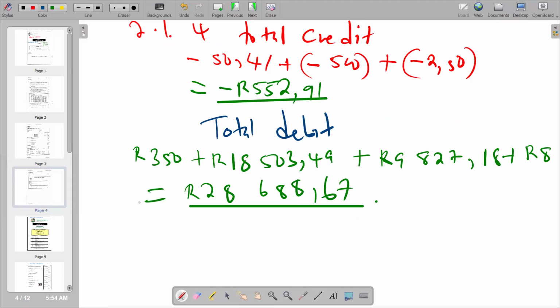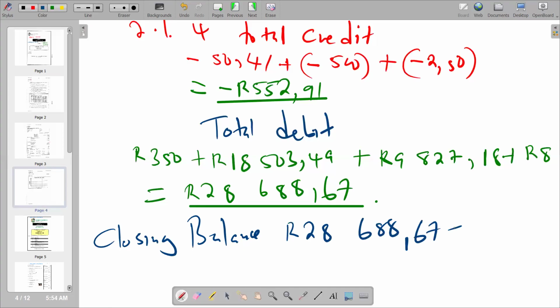From there, we can now say the closing balance. The total debit that we have is 28,688.67. Then we subtract our 552 rands 91 cents.